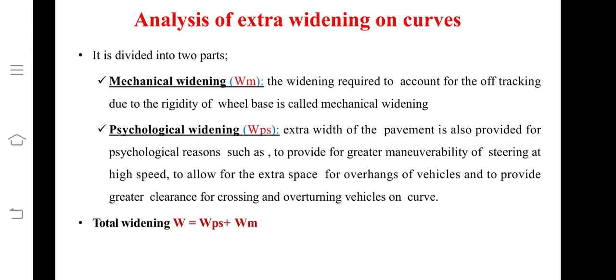And psychological widening is the extra width of the pavement provided for psychological reasons such as to provide for greater maneuverability of steering at high speed, to allow for extra speed for overhangs of vehicles, and to provide greater clearance for crossing and overtaking vehicles on a curve. Basically, this extra widening is given by WE is equal to WPS plus WM.